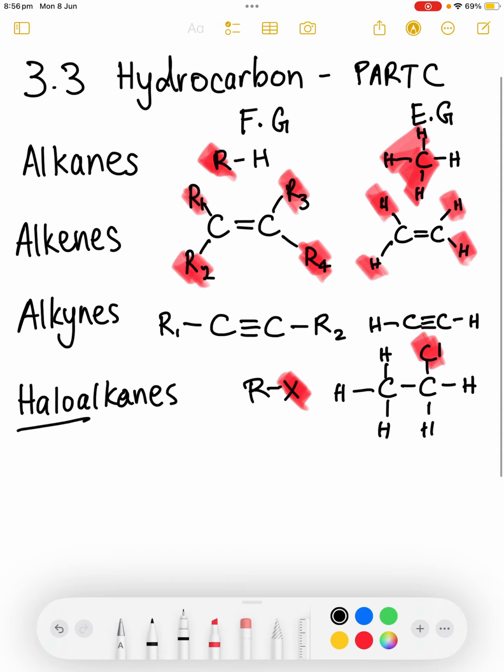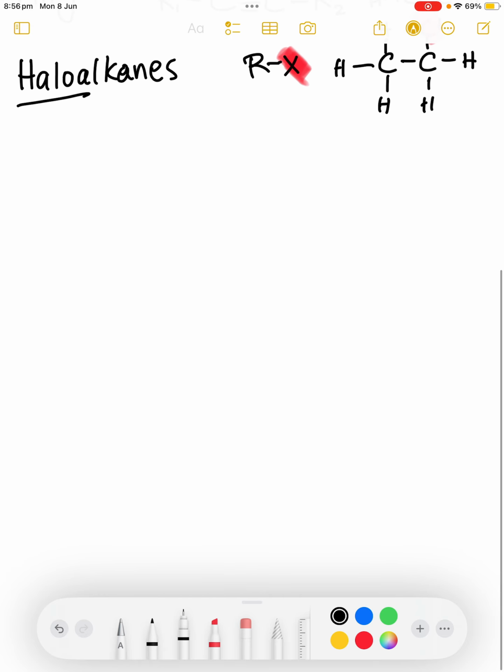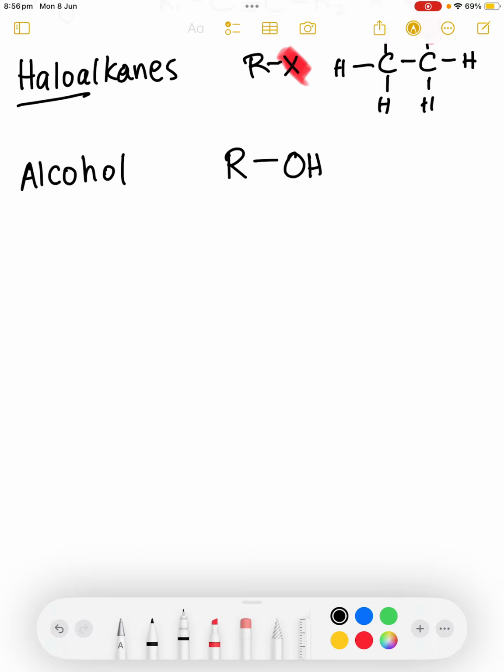Now the next one we will look at today is alcohols, and we will need to know how to name an alcohol when we see it in a chain as well. But that will look as follows: R, which represents a hydrocarbon chain, and OH. So let's have a look at an example. C, OH, and then we draw across the hydrogens.